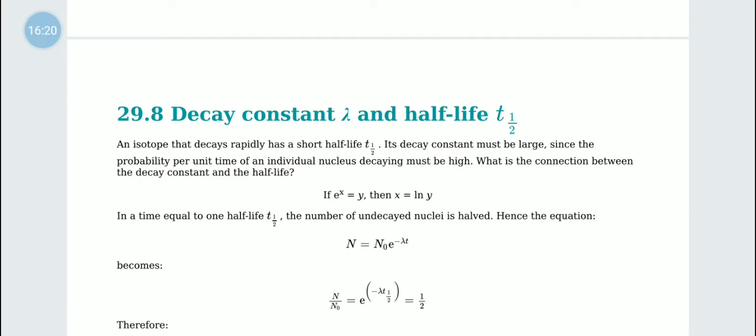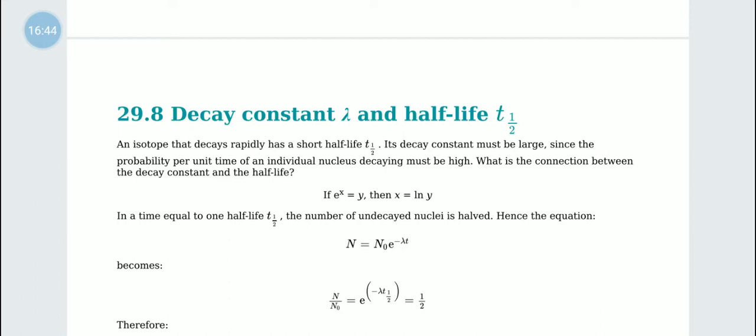If it is a rapid decay, then it is going to have a large decay constant. That is, the probability per unit time of an individual nucleus decaying will be high. So then what is the relationship between decay constant and half-life is what we try to figure out.